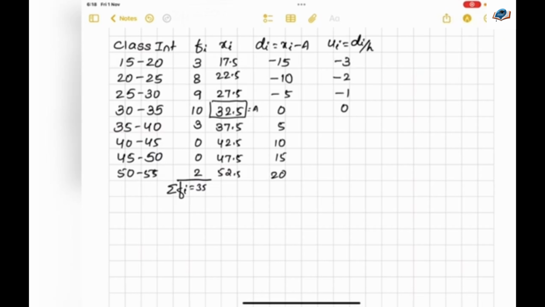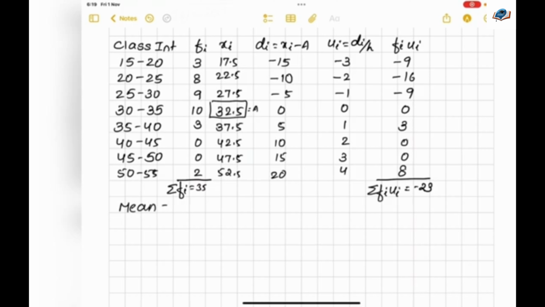This will be minus 2, minus 1, 0, 1, 2, 3, and 4. So fiui is minus 9, minus 16, minus 9, 0, 3, 0, 0, and 8. So sigma fiui will be minus 23.